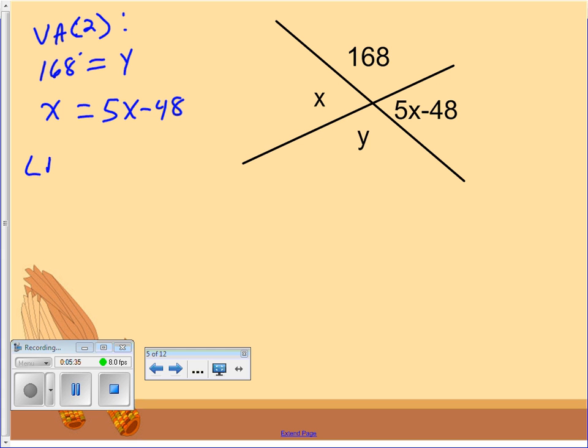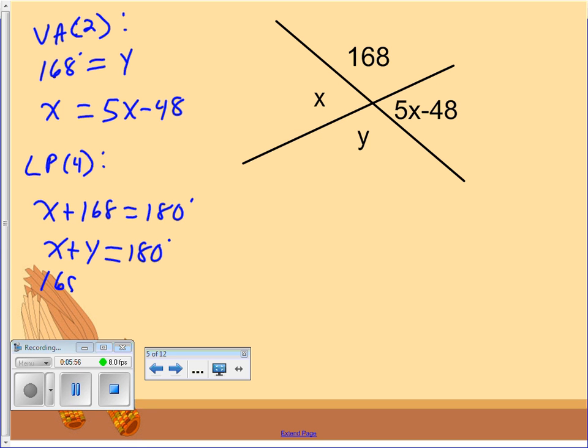Then I have my 4 that are a linear pair. So that means that x plus 168 is going to be equal to 180 degrees. I also have x plus y is going to be equal to 180 degrees. We have 168 plus 5x minus 48 is going to be equal to 180 degrees.